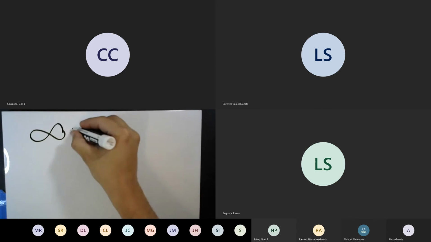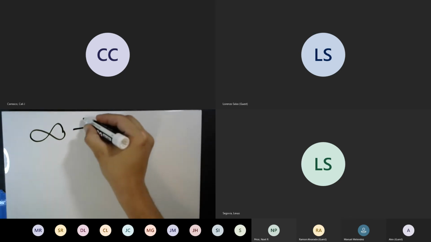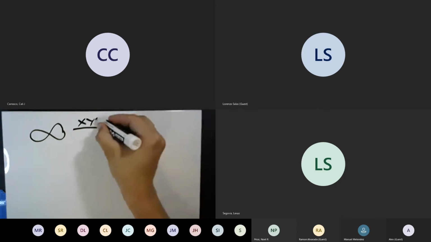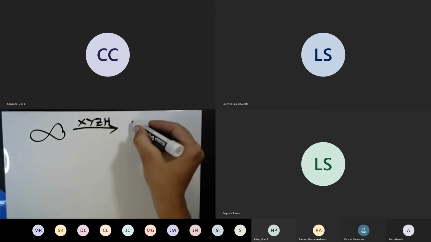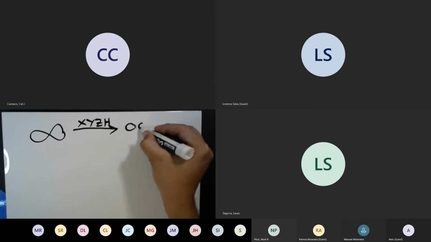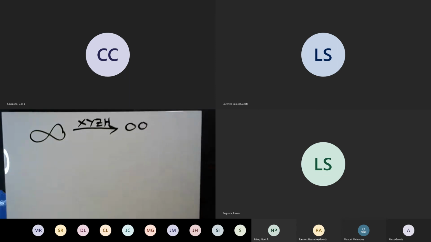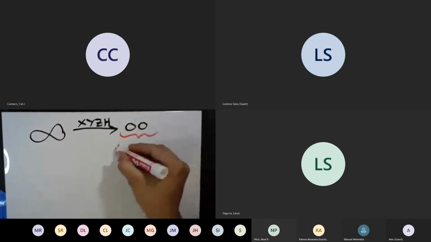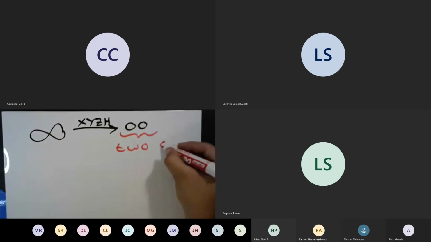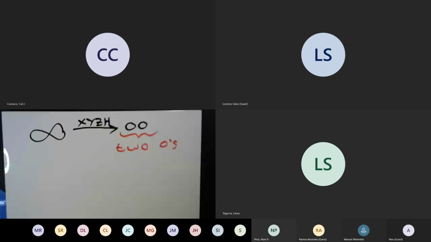The way they do that in XYZ homework is O, O, with no spaces. So it's 2 O's. They'll have you answer it like that in XYZ homework. Now, there's another kind of situation you might get.